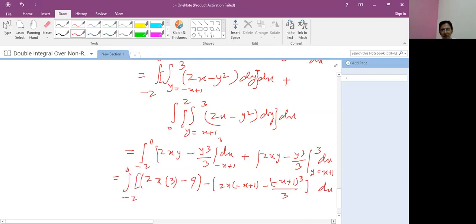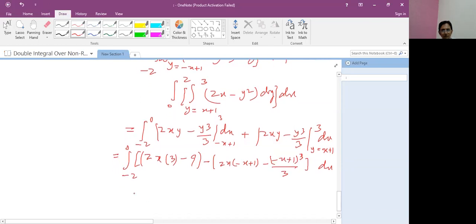Minus 2 to 0. For the second integral, student, plus 2 times of x into 3 minus 3 cube, it is 27, divided by 3, it is 9. Similarly, minus, and the limit of x is 0 to 2.